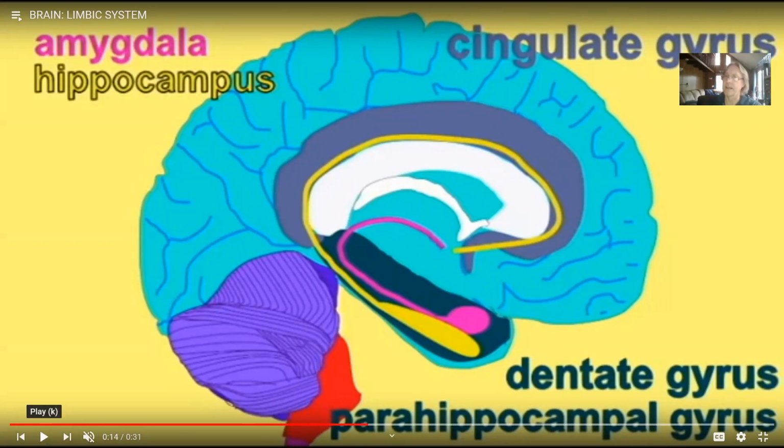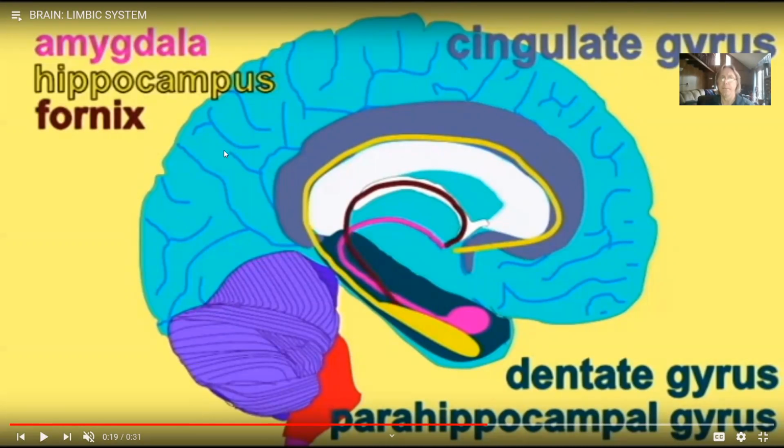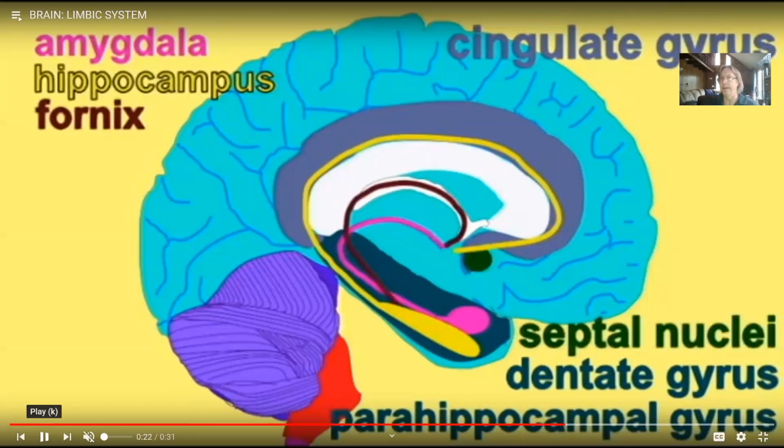So there are some parts of, say, the diencephalon, like the thalamus and hypothalamus, but then also deeper parts of the cerebrum, the amygdala, the hippocampus, the fornix, the dentate gyrus, the parahippocampal gyrus, etc. And these, once again, both functionally and anatomically, are kind of in between the more voluntary conscious cerebral cortex and the involuntary brainstem. As I'll return to later, many of these are critical in memory.